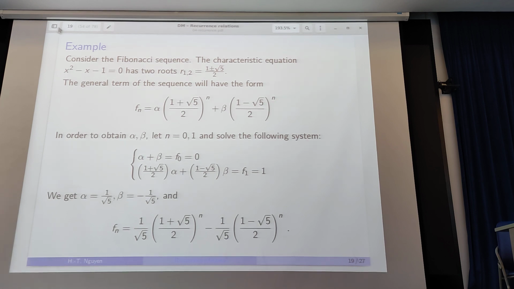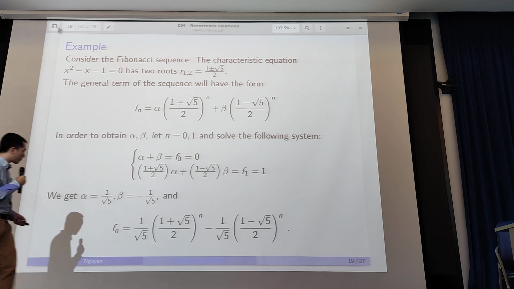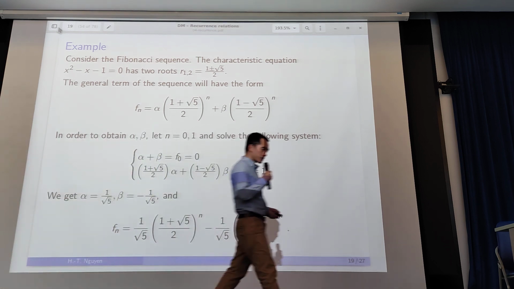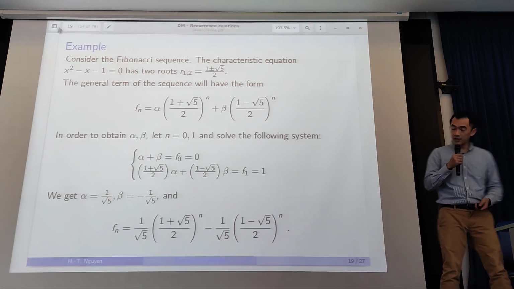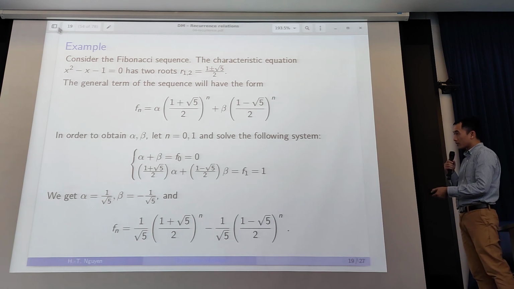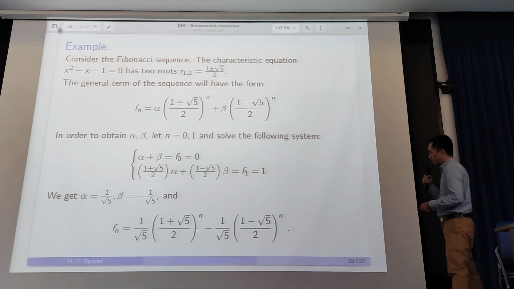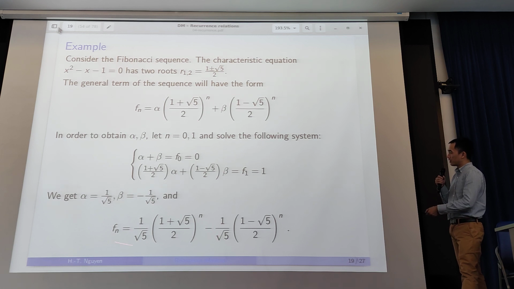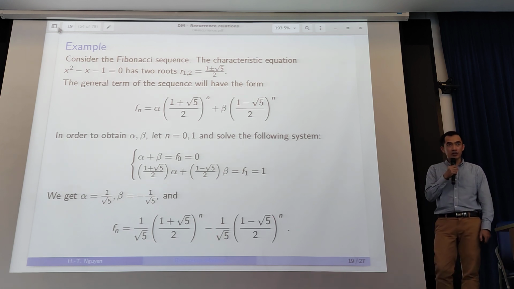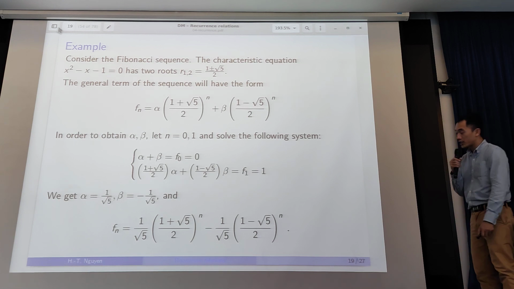You can verify that alpha and beta are opposites of each other, their sum is 0, and they also satisfy this equation. The final step is to plug everything into that formula, replacing alpha with 1 over square root of 5 and beta with minus 1 over square root of 5, and you get this general formula for the Fibonacci numbers.